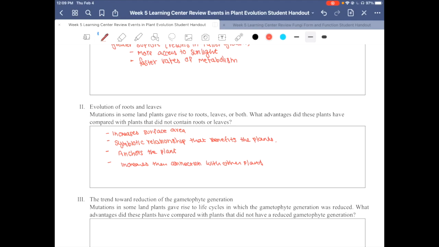It says stomata, and leaves have a larger surface area for photosynthesis to occur. Those are both right answers. So the stomata is contained within the leaf, and that's going to help with photosynthesis. And having the leaf is going to give a larger surface for photosynthesis to occur, and it's also going to help with transpiration.